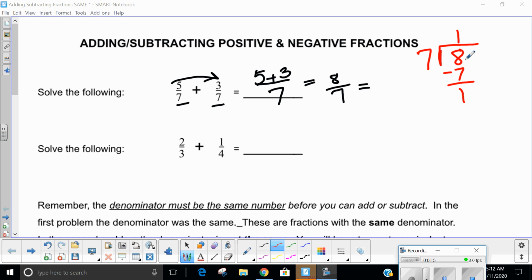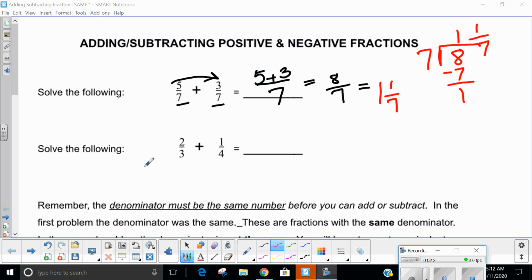So I'm going to take that 1 remainder and put it over the same denominator of 7, which is this number up front. So we have 1 part remaining out of 7 parts that we were trying to create, because we're trying to get groups of 7. So that means my final answer will be 1 and 1/7.